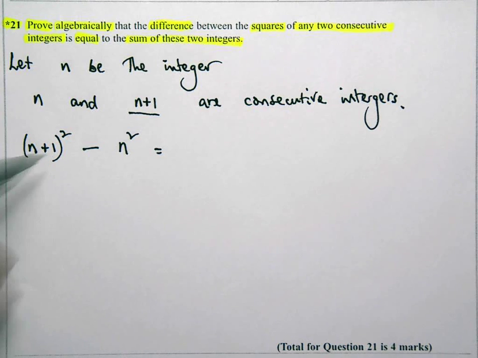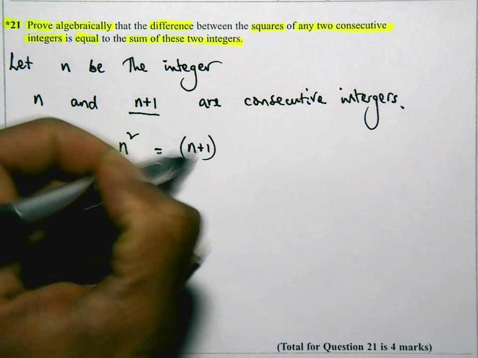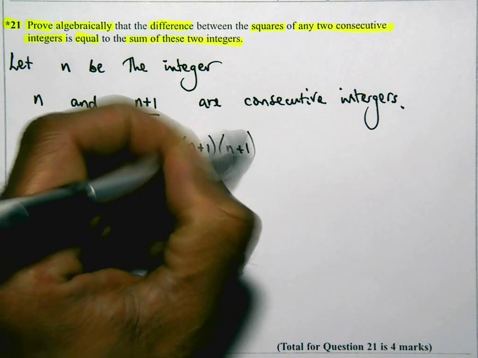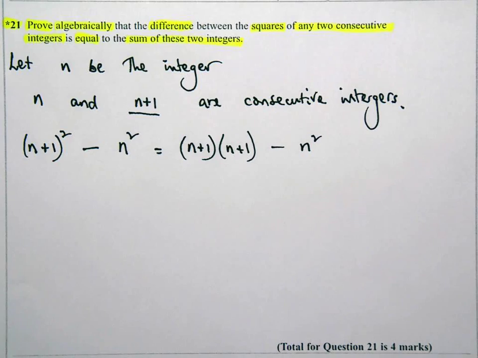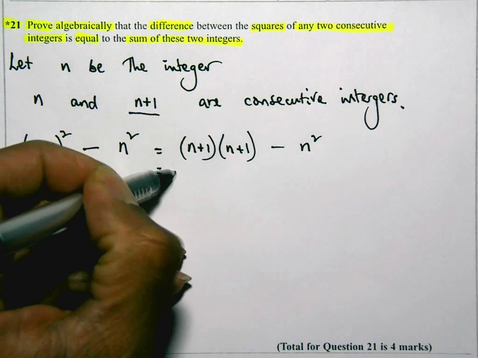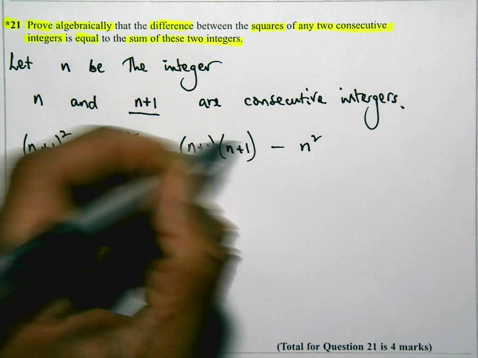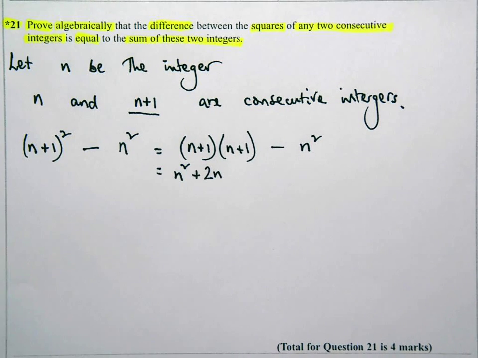N plus 1 all squared is n plus 1 times n plus 1. I still have that minus n squared there. N plus 1 times n plus 1, n times n is n squared, n times 1, and then 1 times n. Altogether that's going to give me 2n, and 1 times 1 is 1. So you should be familiar with working that out.